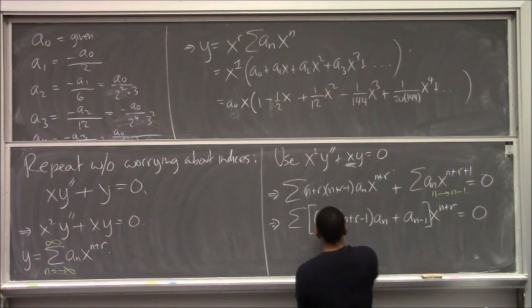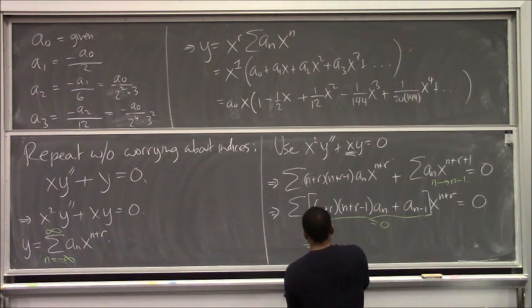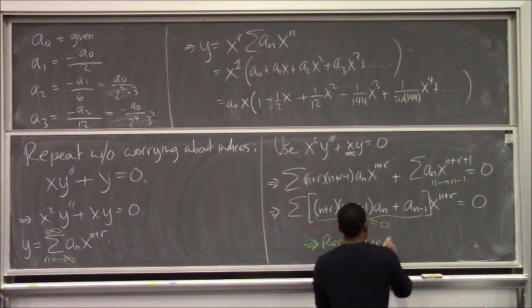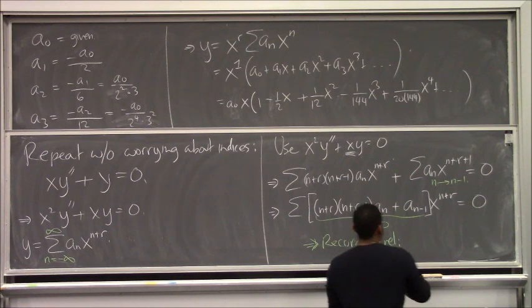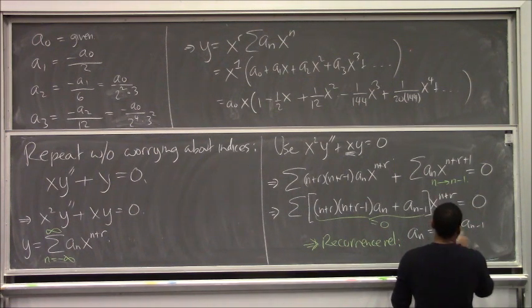Now, I'm going to set this equal to 0, and that's going to give me the recurrence relation. That is going to give me a n equals minus a n minus 1 over n plus r times n plus r minus 1.